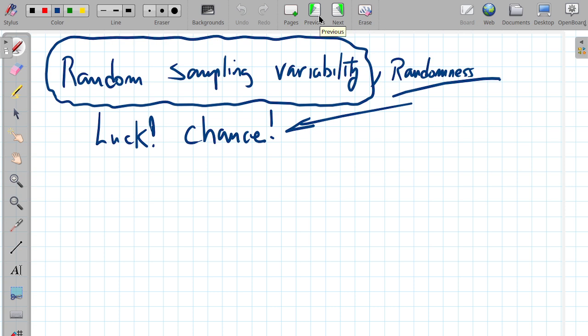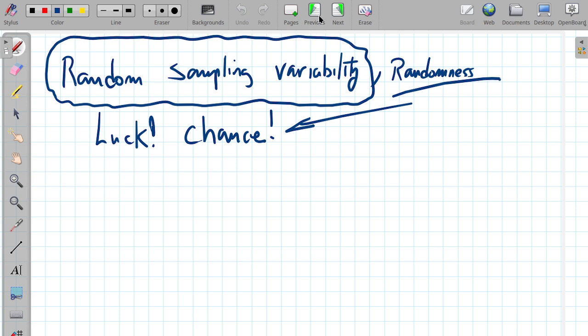So, random sampling variability is something that always comes along due to randomness. You can blame it on chance or luck, be it good luck or bad luck, doesn't matter. I don't think the universe cares either way, quite frankly, but sometimes humans ascribe to the universe characteristics that it doesn't really deserve. It's a cold, dark place. Anyway, luck and chance.